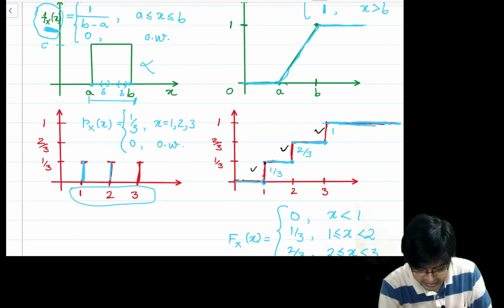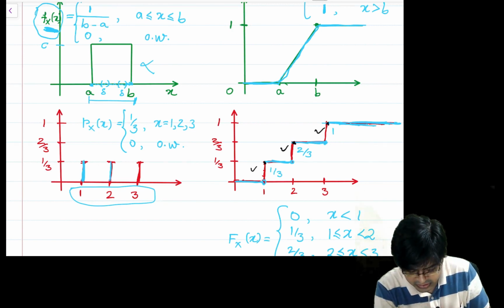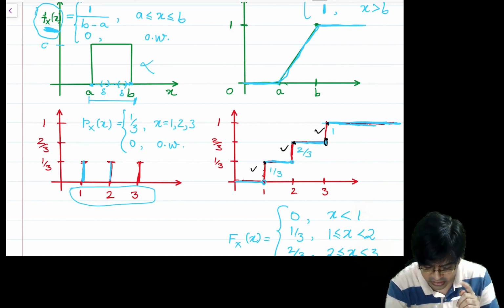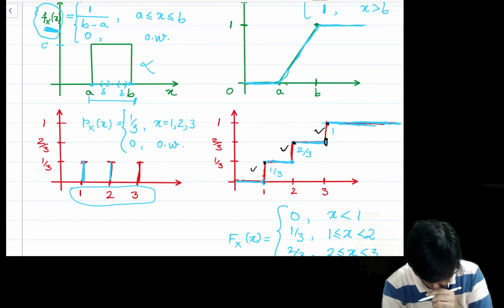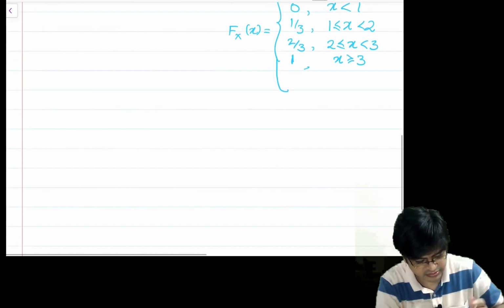So here the point on the right is the starting point, but at the right end point there will not be any point, right? So you can see the holes here and it starts from there. Okay, so this brings us to some properties of this CDF.